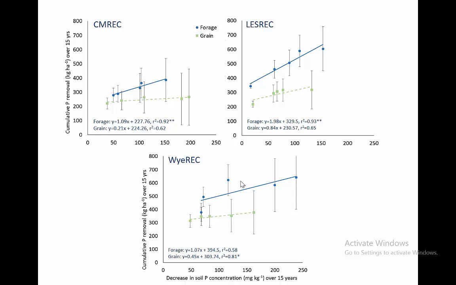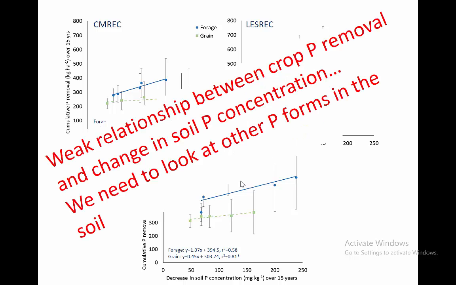There's not a very strong relationship here. You can look at the equations for the line, but I'm telling you, these are not significant, okay? There was a pretty weak relationship between crop P removal and change in soil P concentration.